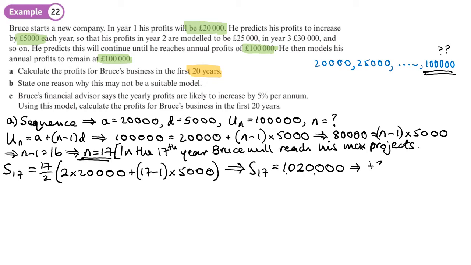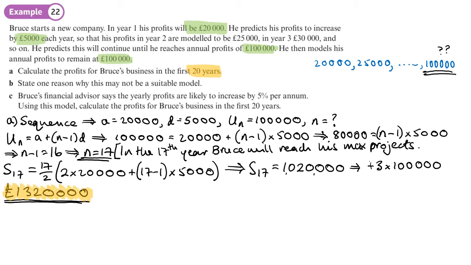So we need to add 3 lots of 100,000 as his profits remain unchanged, giving us a final answer of 1320. So I think this is our millions. Yeah, 1,320,000. Wow, what a wealthy guy. So there we go, that will be his profit in the first 20 years.